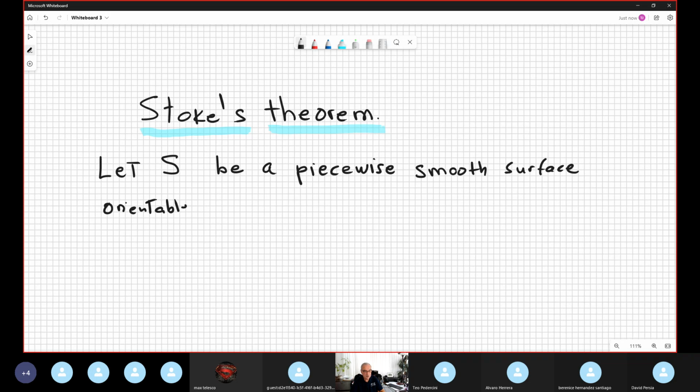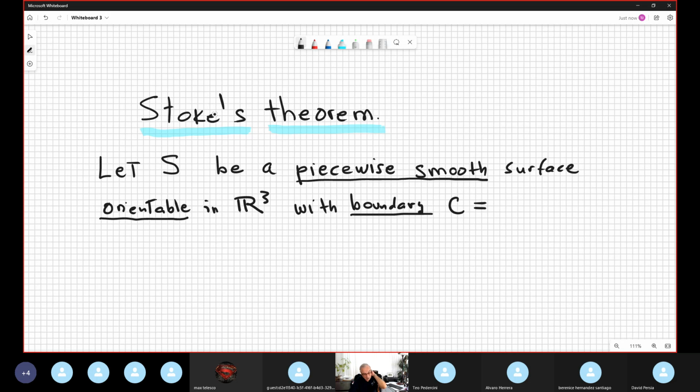I want to explain what piecewise smooth and orientable mean. I explained it last time, but I want to explain it in R3, three-dimensional space, with boundary. Boundary is a new idea. I can introduce this theorem. Boundary C, normally, I don't know why, we call it delta S. I want to explain the sketch now. In positive direction.